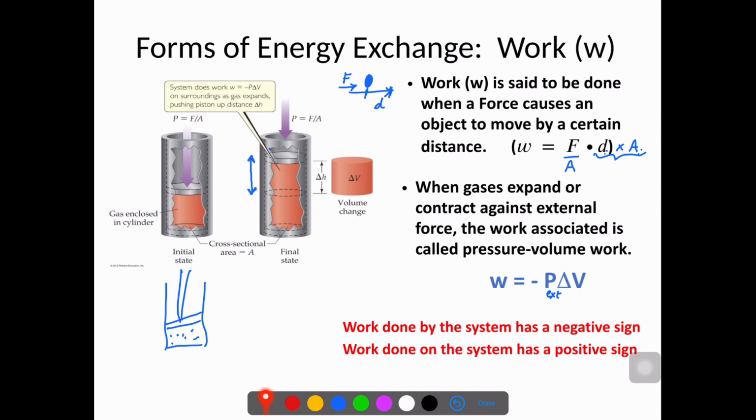So delta V is going to be positive, but because of this negative sign, work will end up negative when the work is done by the gas. And you will get a positive sign for work when work is done on the gas. When work is done on the gas, the final volume is less than the initial volume, so delta V is going to be negative, and negative of negative will give you a positive sign for work when work is done on the system, which is what we want.